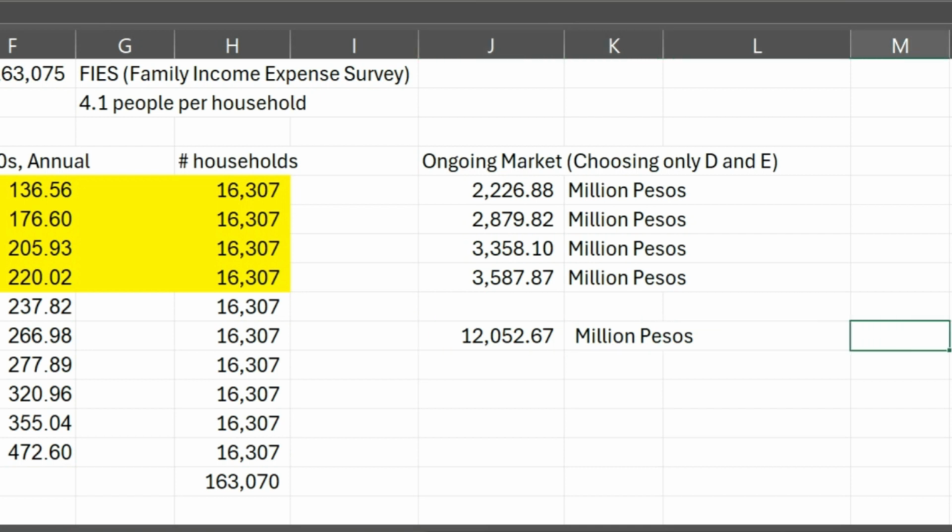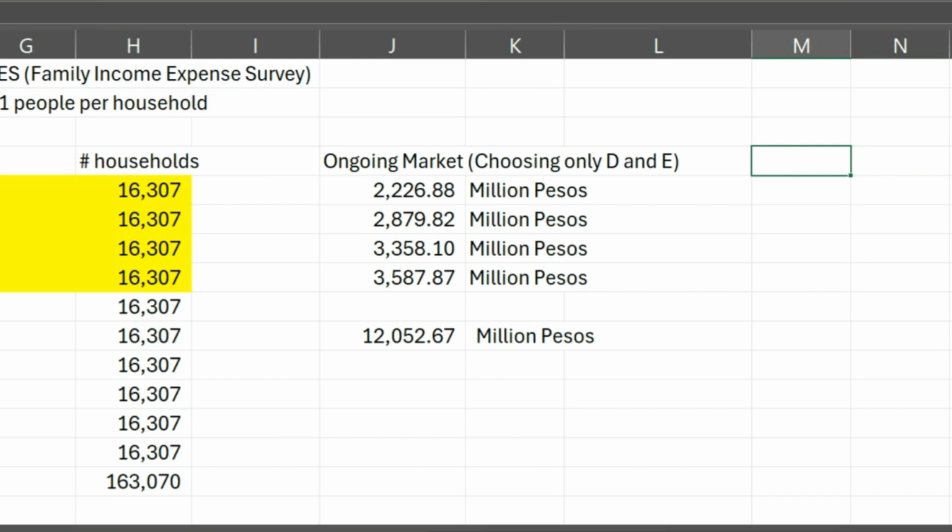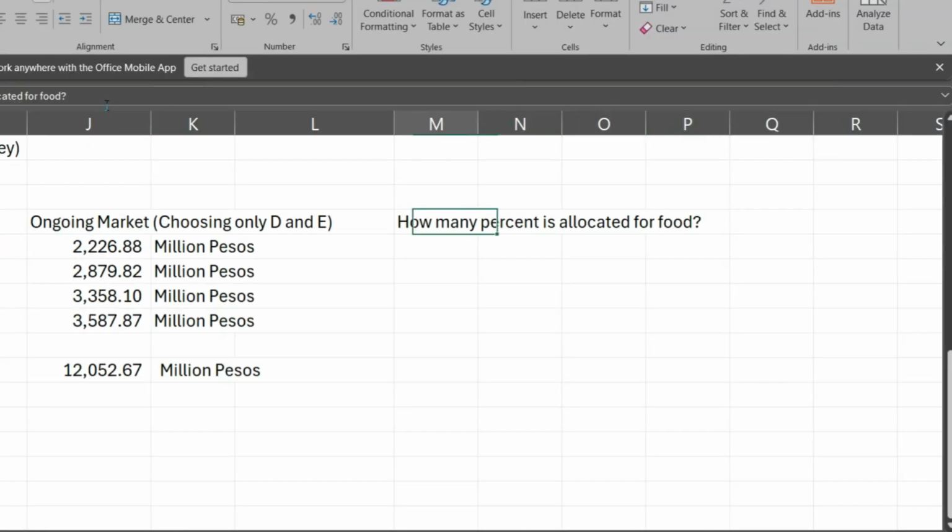For the year. However, we want to know how many percent. That is your question. How many percent is allocated for food? Because that is our industry. Actually, not just food, but food consumed away from home.